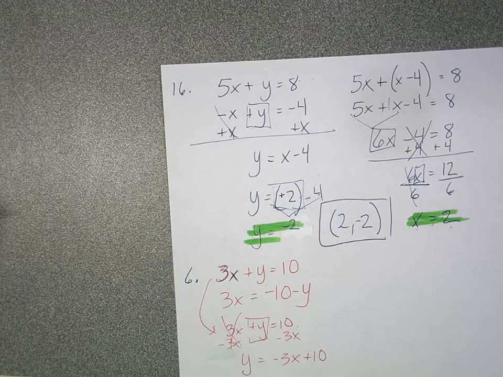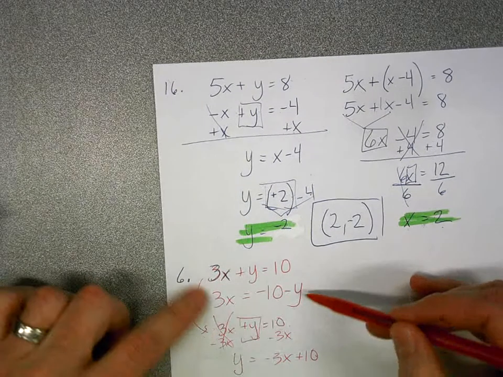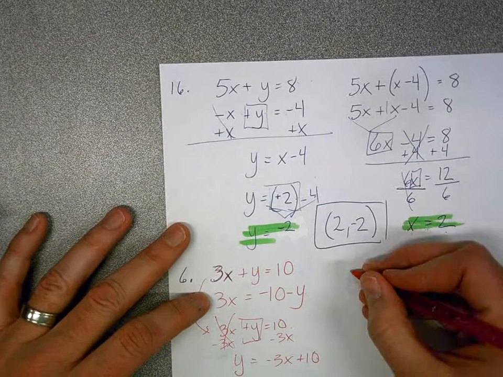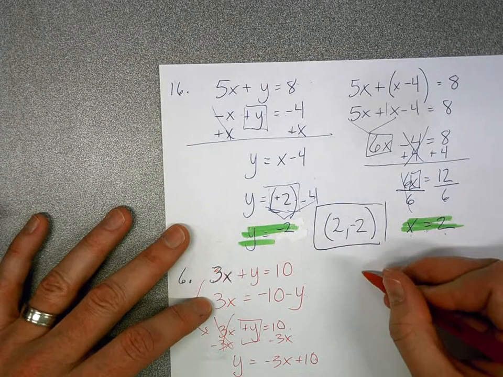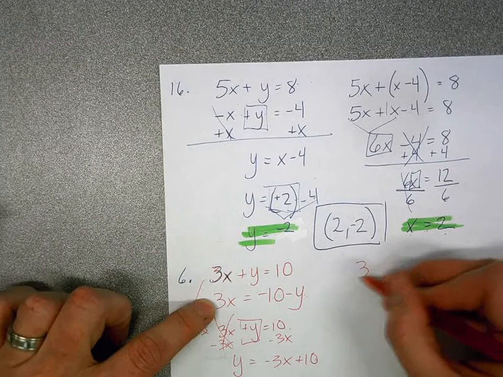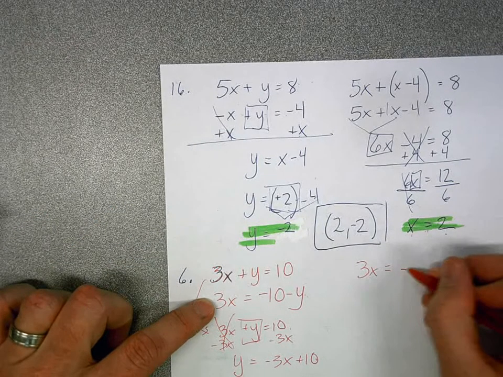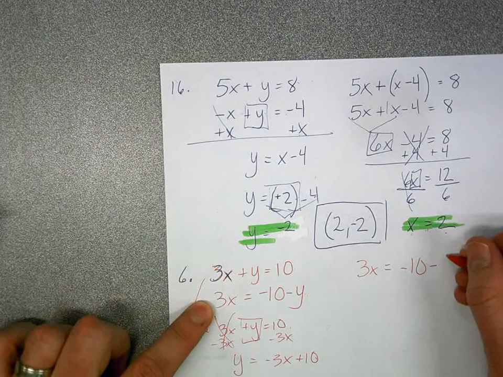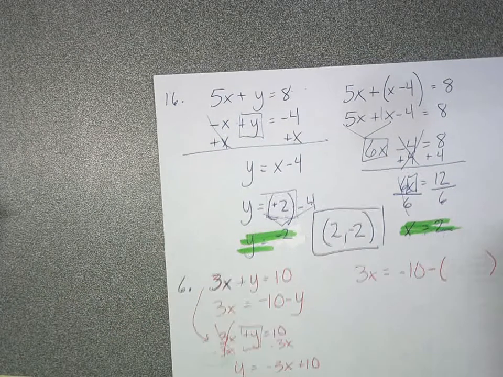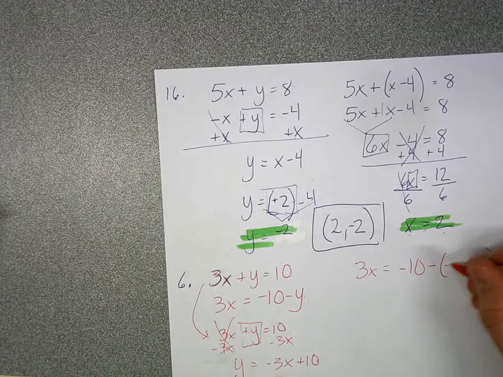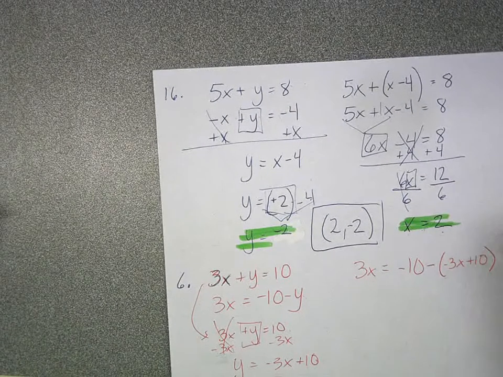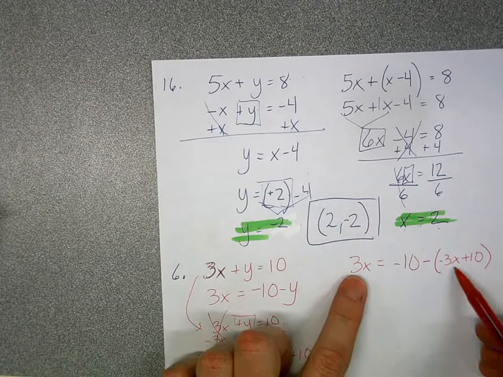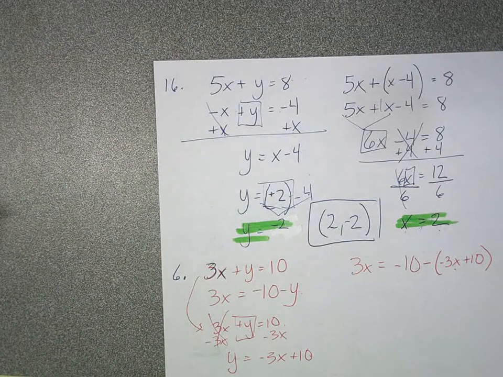Remember, I'm going to plug it into the other equation now. So 3x is equal to negative 10 minus, and then instead of y, I put in parentheses negative 3x plus 10. That way, if you haven't noticed, the whole reason we're doing this is to give us one variable in the whole problem instead of 2.